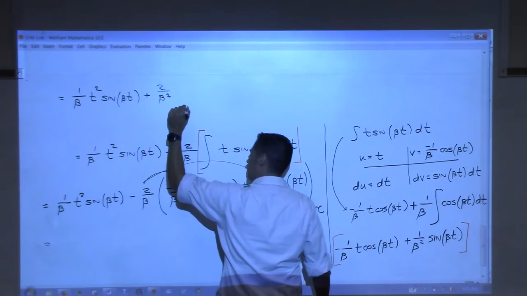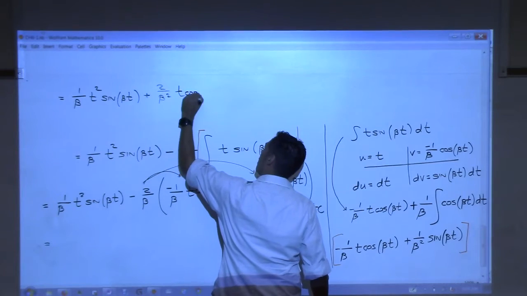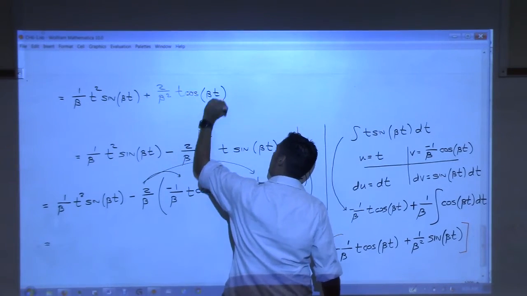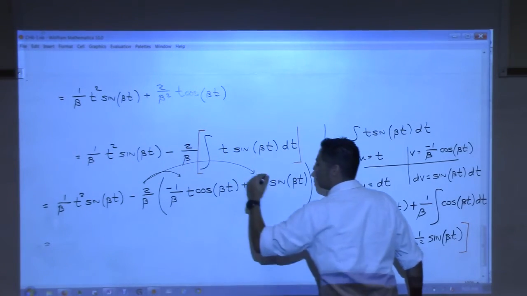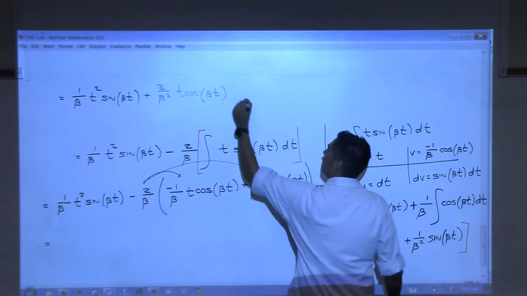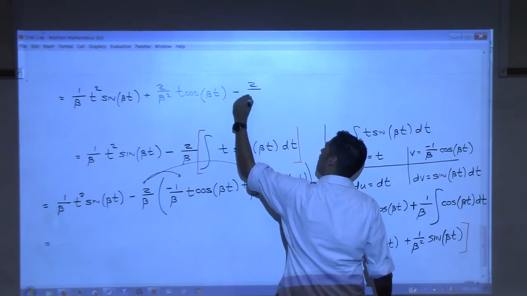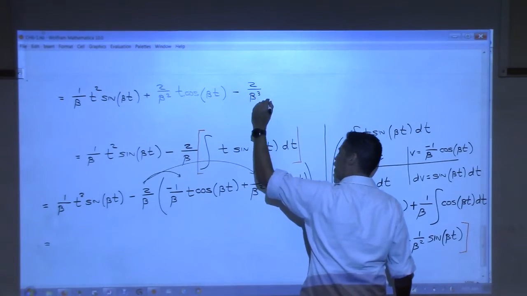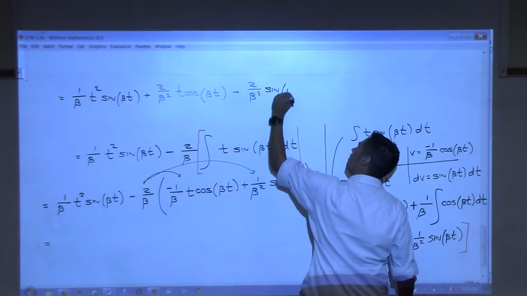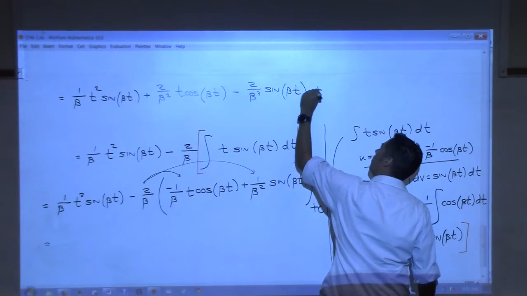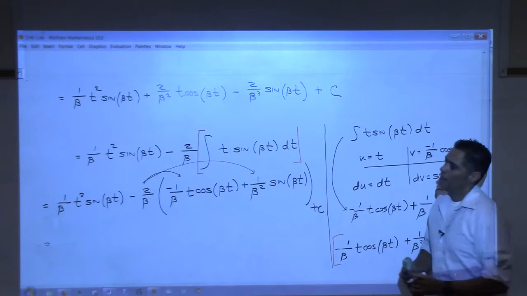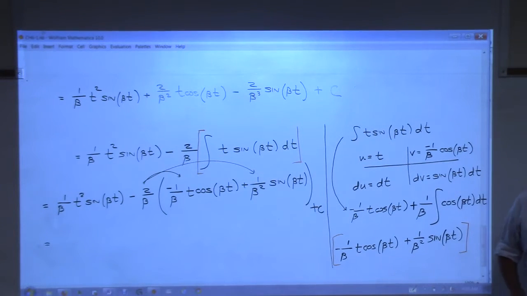Beta squared t cosine beta t. All right, and then when I go from here to here, still have a negative. Negative 2 over beta cubed sine beta t plus c. That is the antiderivative of t squared cosine beta t? Is that what it was? Yeah.